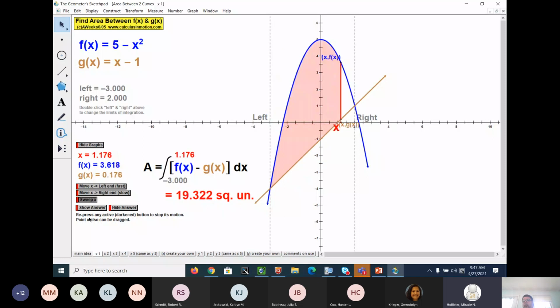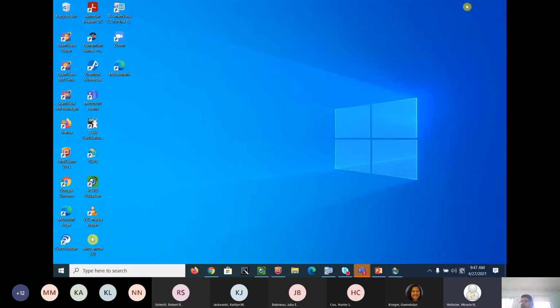Now, the antiderivative is the area under a curve. I'm going to give you a short rendition of how it is.